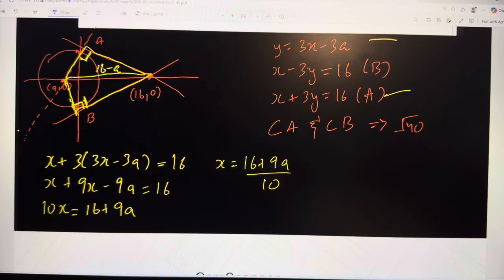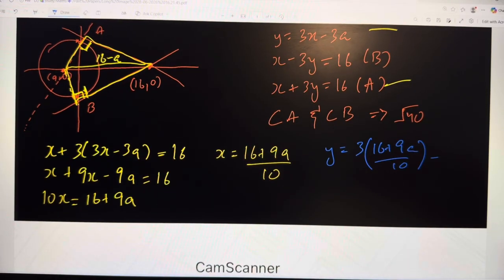Now we can plug it into any equation, by the way. Let's plug it in: 3x minus 3a, so this becomes y is equal to 3 times (16 plus 9a) upon 10, minus 3a.